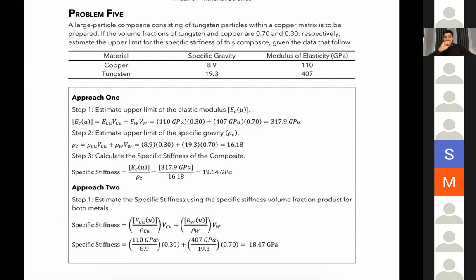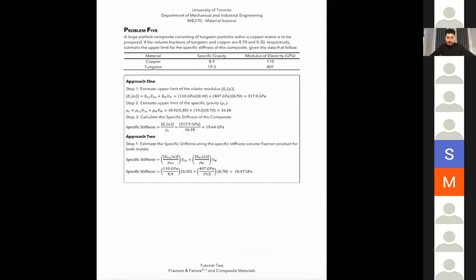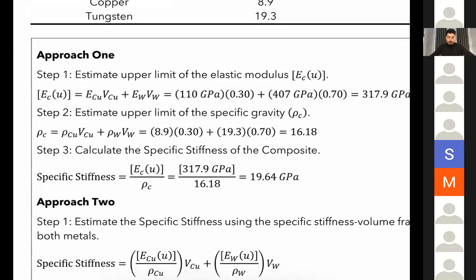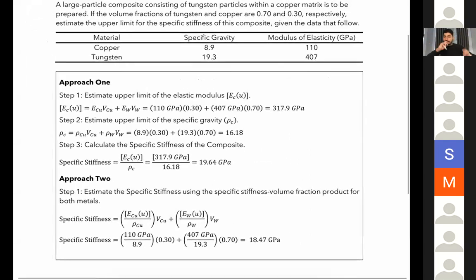So when I was solving this problem, I thought the specific gravity was density, so I was putting the units for density. Yeah, that's my other question. I was confused. I've never seen this equation in my life. So this is just the rule of mixture equation. As I was saying, you can use it for a variety of properties. In this case, we used it for Young's modulus, and we also used it for specific gravity.